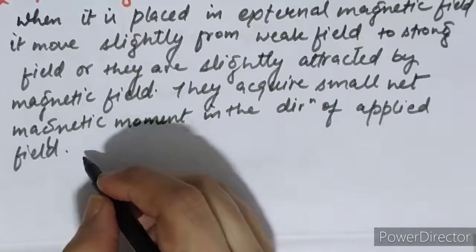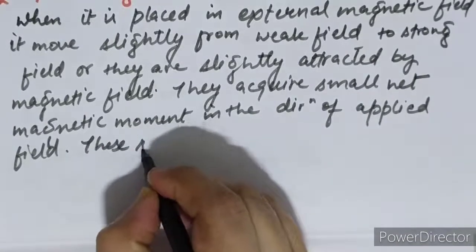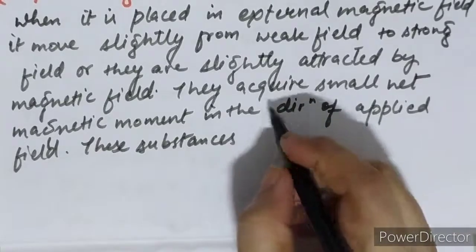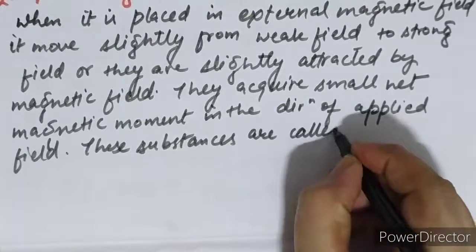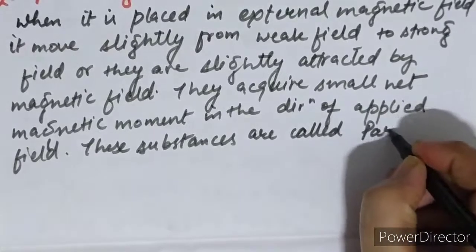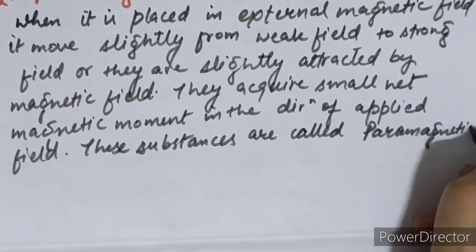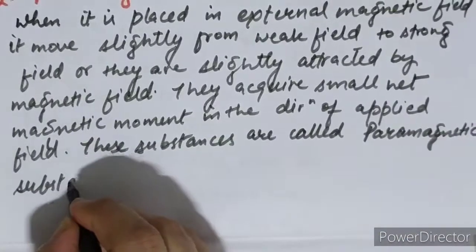Okay, so these substances are called paramagnetic substances.